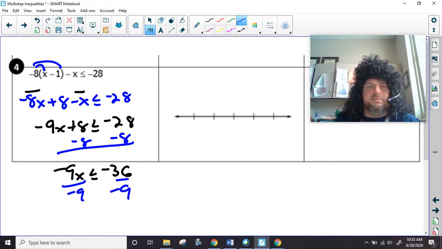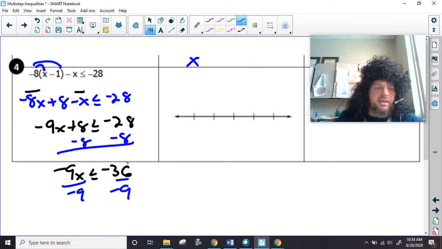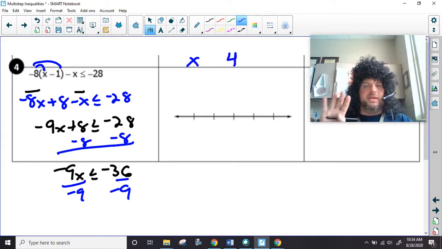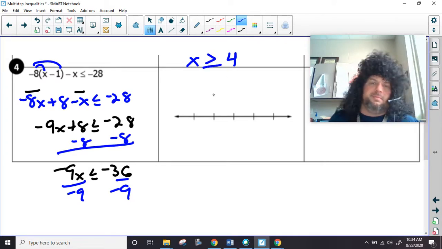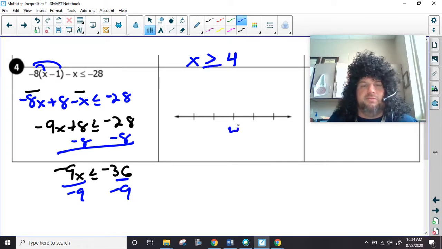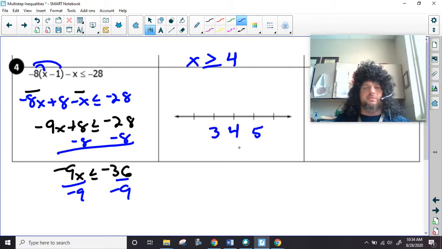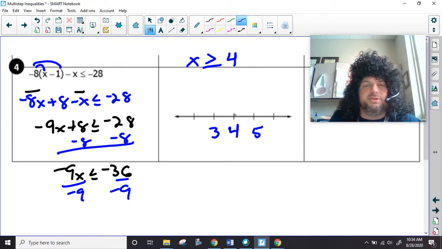For right now, I'm going to write my inequality up here on top. 36 divided by negative 9 is 4. We divided by a negative, so we have to flip that sign. So I have 4, 5, and 3, so 3, 4, 5, just like you count. Closed circle.